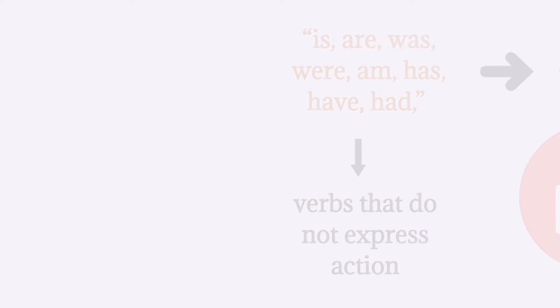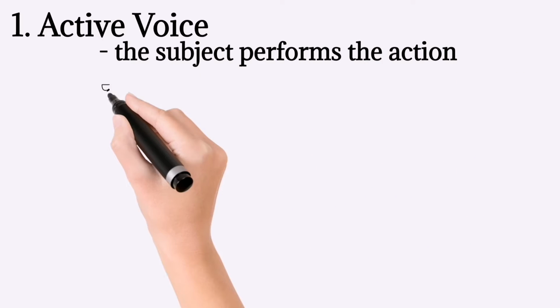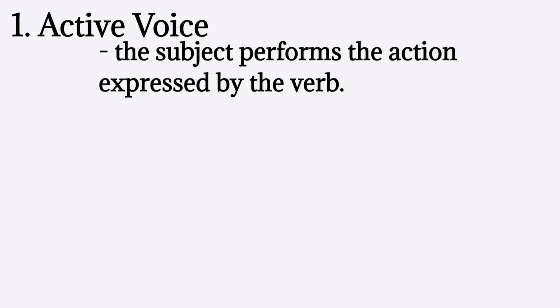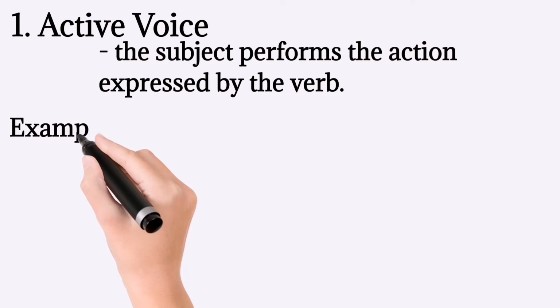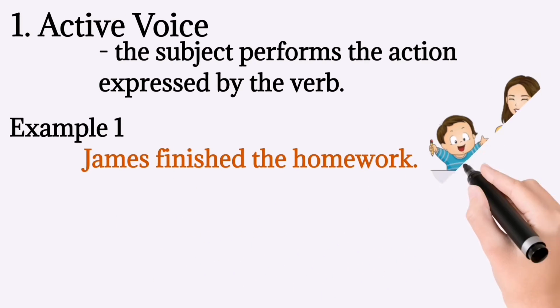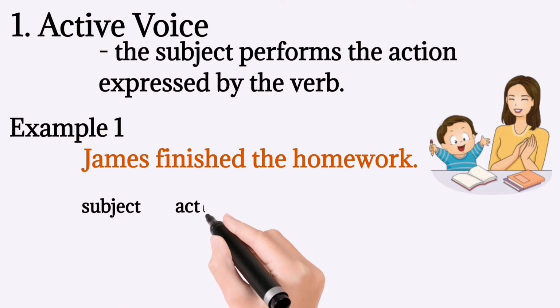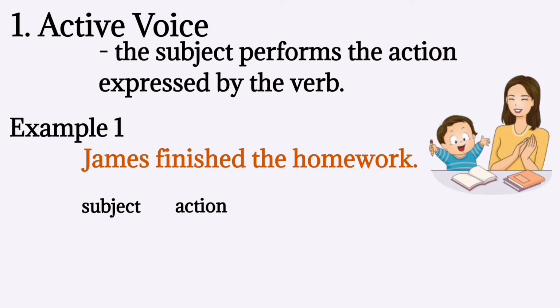Now, let's go back to our major concern. A while ago, it was mentioned that in active voice, the subject performs the action expressed by the verb. To illustrate the definition, take this example. James finished the homework. Remember the important terms, the subject, or the doer of the action, and the action itself. In the sentence given, James finished the homework. What do you think is the action in the sentence?